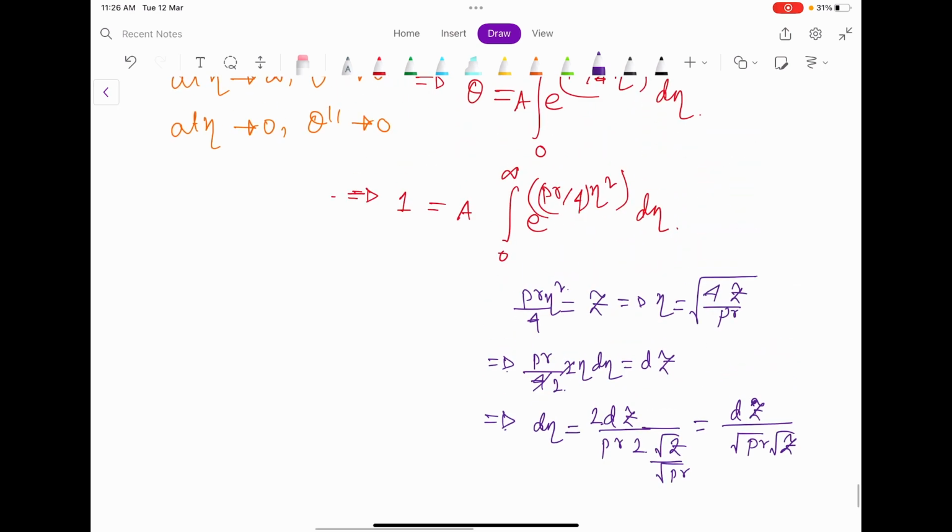So let us put it into this equation. So 1 equals a into integral 0 to infinity e to the power minus z dz by root z root Pr.